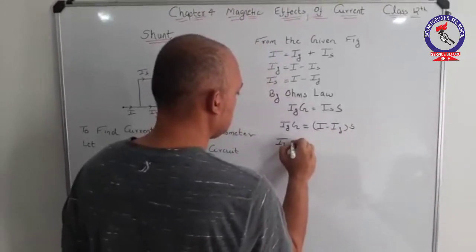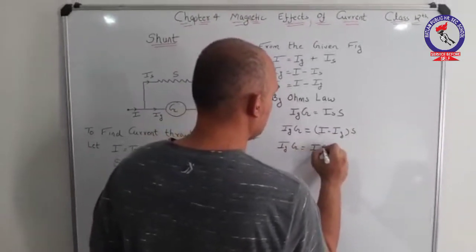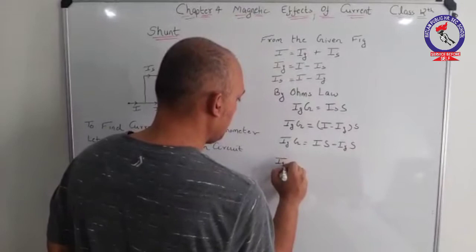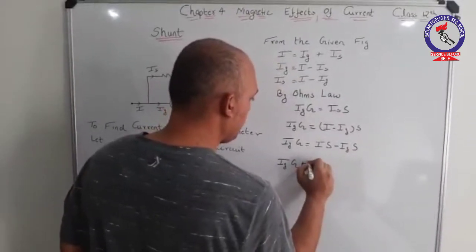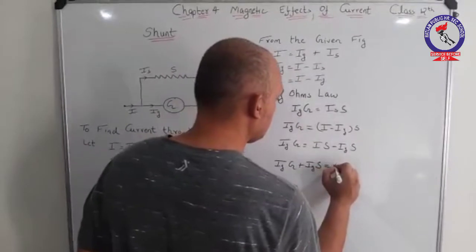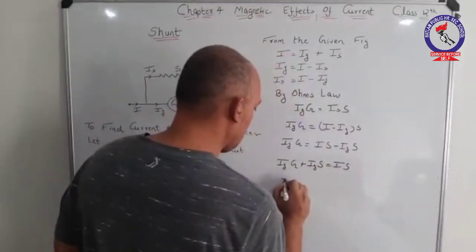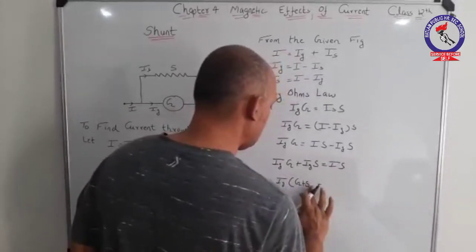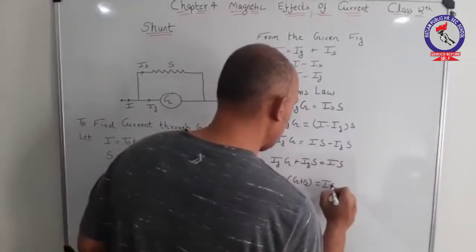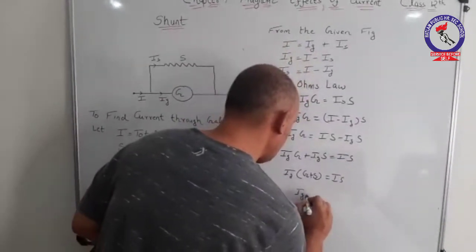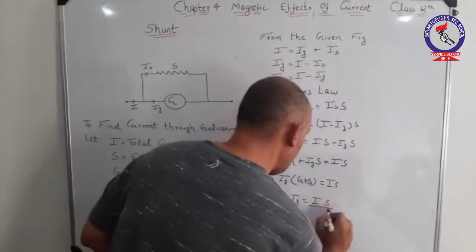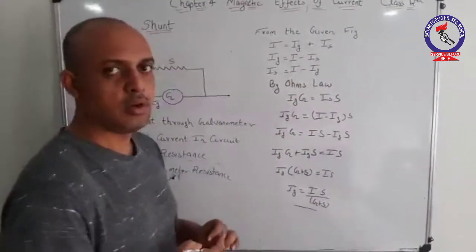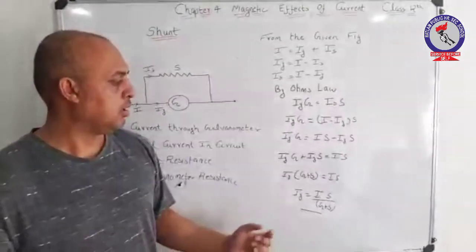Simplifying, Ig into G plus Ig into S, taking out Ig common, we have G plus S, equals I into S, or Ig equals I into S upon G plus S. In this way, the magnitude of galvanometer current can be calculated.